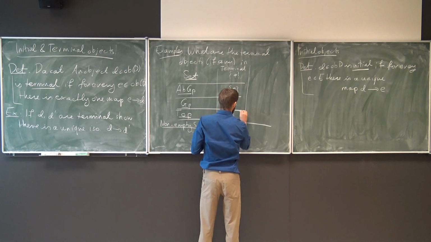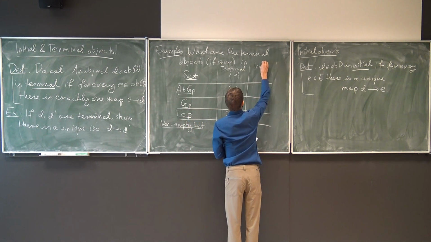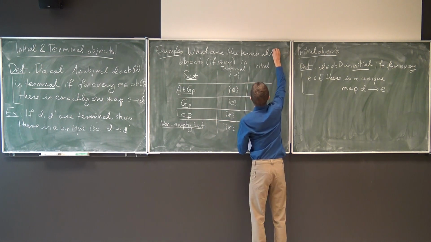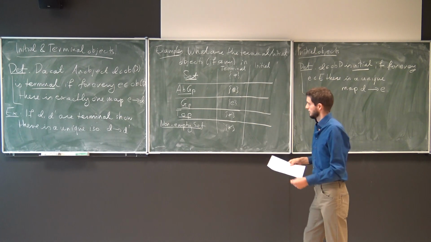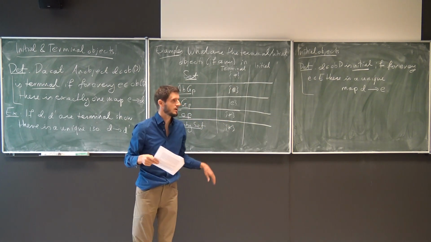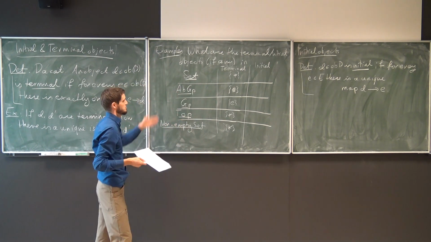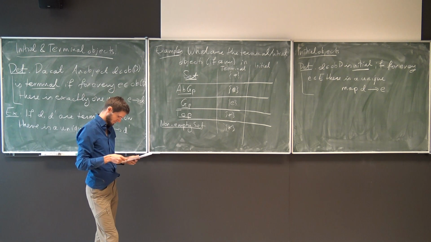In each of these examples, we can also ask what the initial objects are, if any. Once again, I'm going to pause awkwardly for a moment. The idea is that you will pause the video and work out what the answers are and then come back and we will go through them.